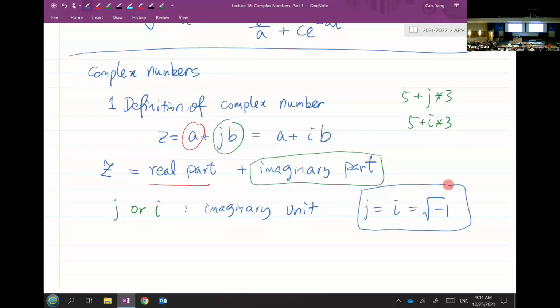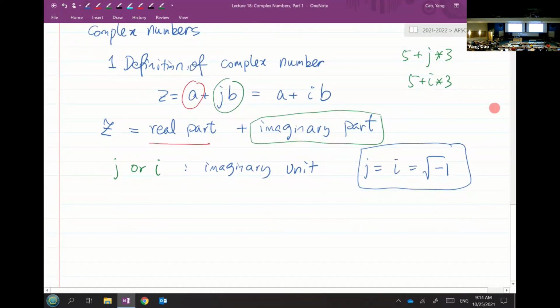Imagine a few hundred years ago when complex numbers were first proposed. Why our brain will protest is: how could you have a negative number underneath the square root? That's basically the trouble here. Because before this lecture, whenever we deal with the square root of anything, we always assume whatever is underneath the square root is a positive number, at least 0.